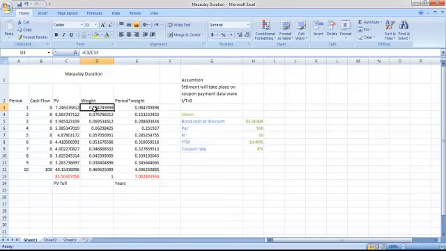You got the weight for each PV from the total, as you see here, and then we multiply the period by the weight. Period 1 multiplied by the weight equals the same, and so on, until we reach 7. Macaulay duration means 7 years.